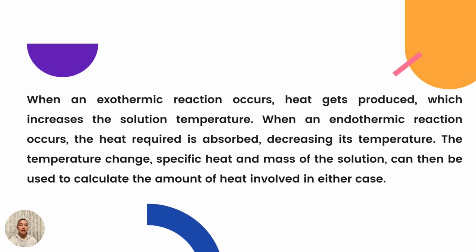And with all these temperature changes, as well as the specific heats for the compound present and the mass of the solution, we will be able to then calculate the amount of heat involved in either case.